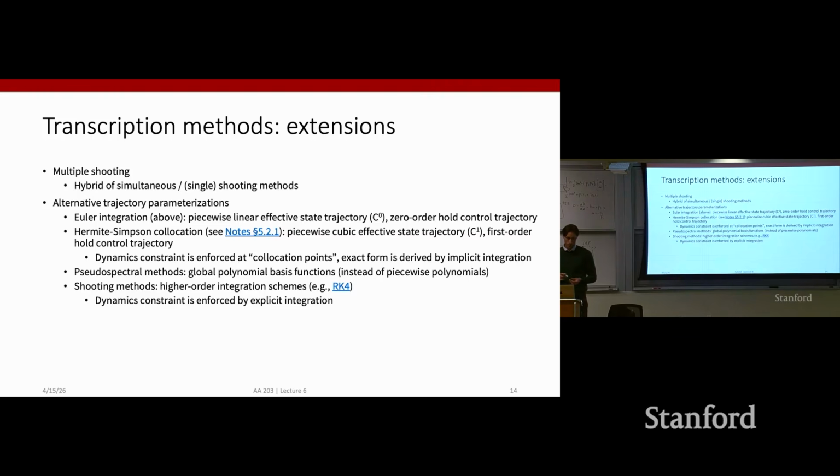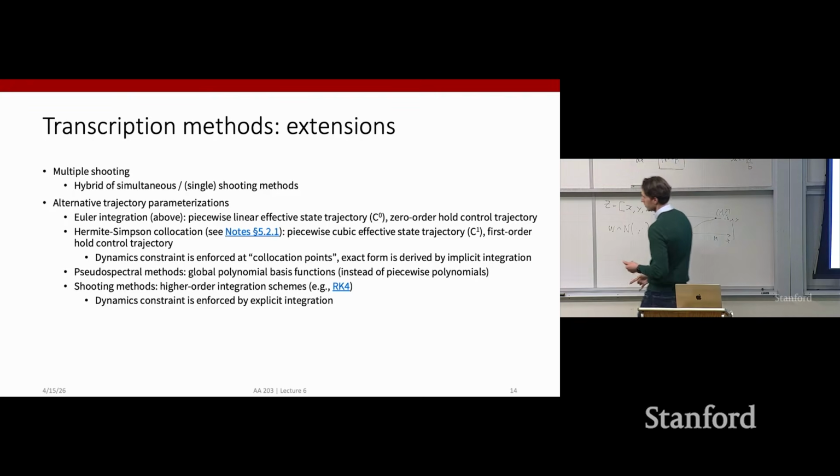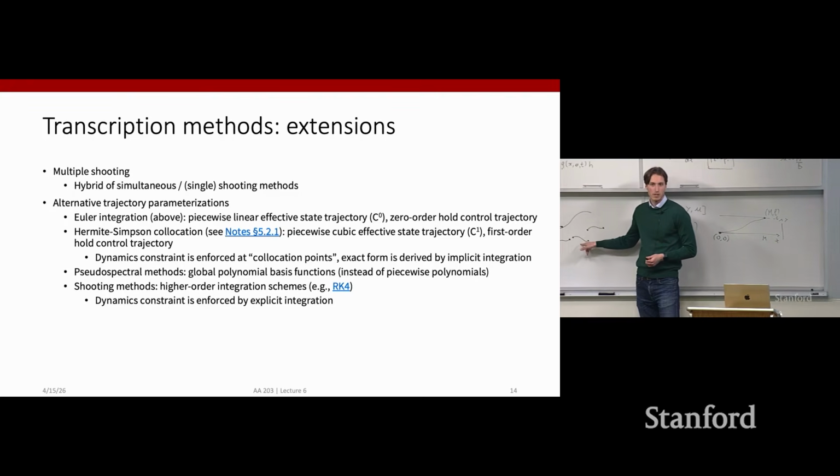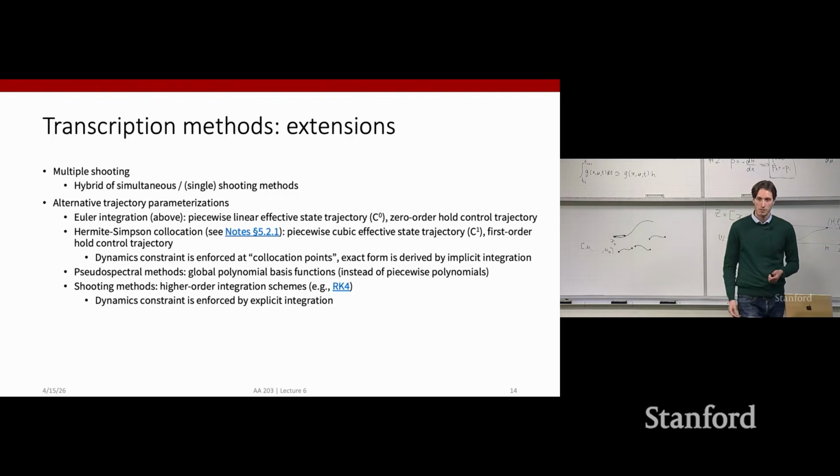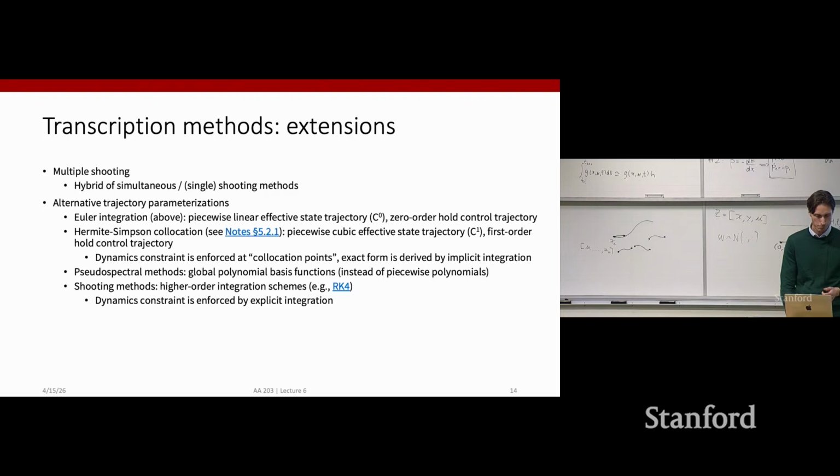Yes? Can you be a little more specific on state constraints around those joining points? Okay. Of course, depending on how big your single interval is, you might have the same problems. But in general, yes.